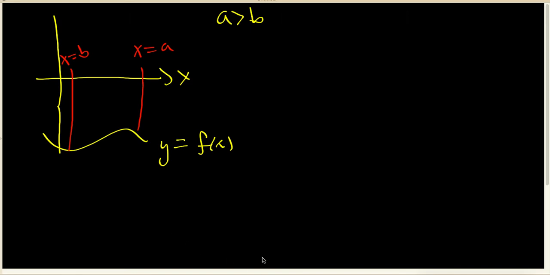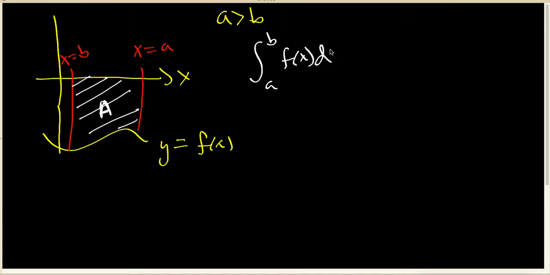And I now have a chunk of area that is trapped here. And we're going to call that piece of area, area A. Well, the integral from a to b of f of x dx has to be somehow related to this area, but how?